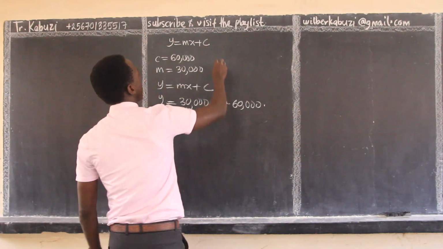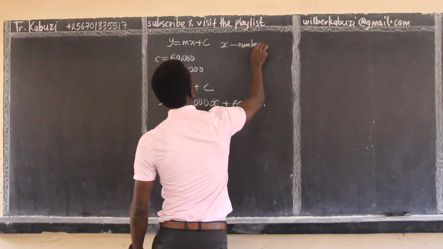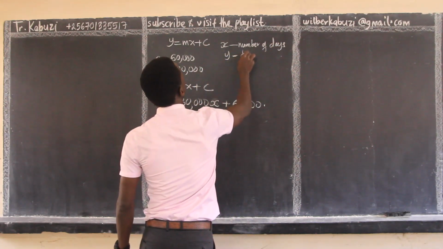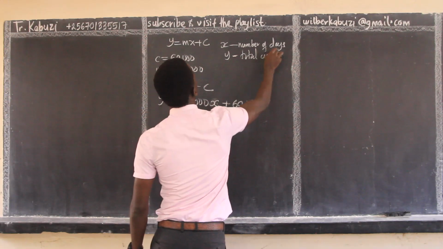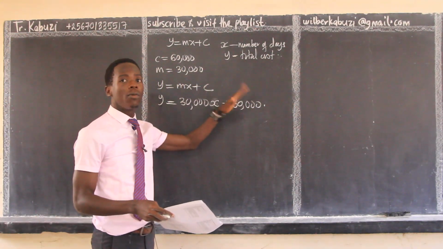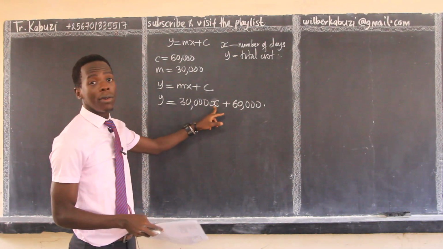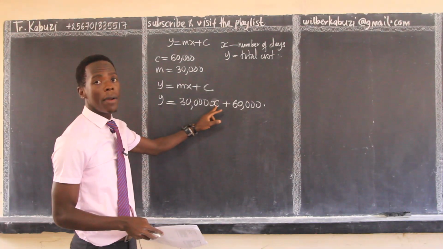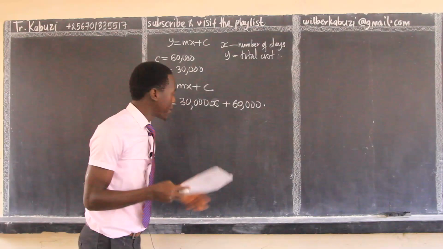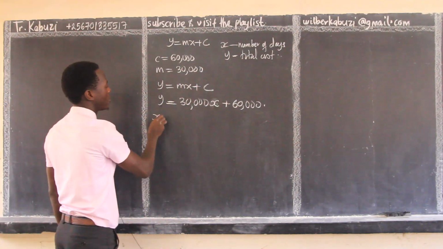So you come here and say x is the number of days, then y is the total cost. Remember this one is not changing, you just pay the 60,000 at once. But what is changing depends on the number of days you spend in that park.